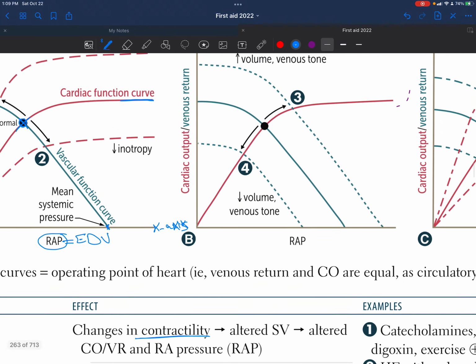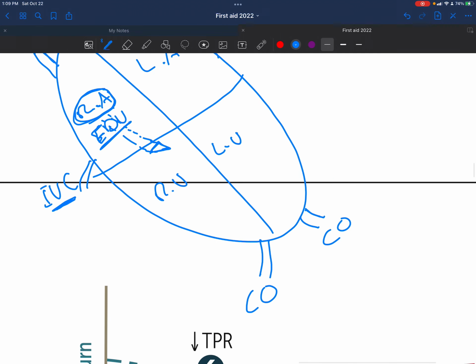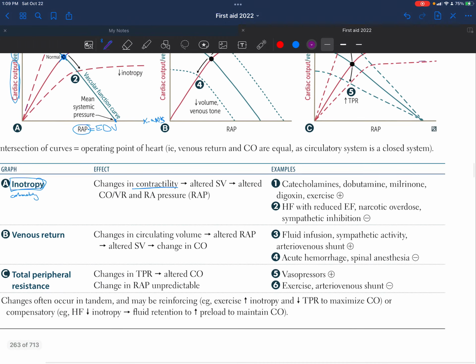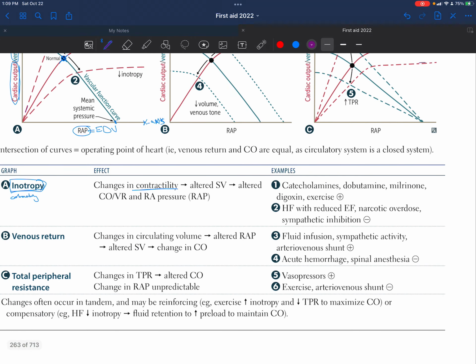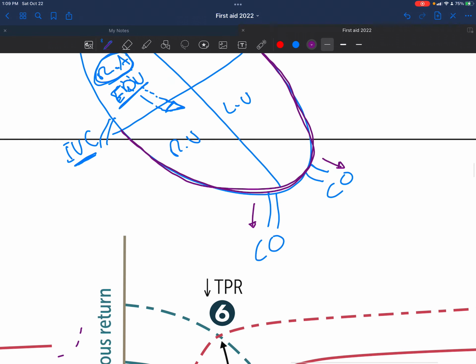So if we change the contractility, whether we increase or decrease it, we are changing the ability of the heart to contract and pump blood out as cardiac output. That will also change the stroke volume. Somehow the stroke volume equals the cardiac output.